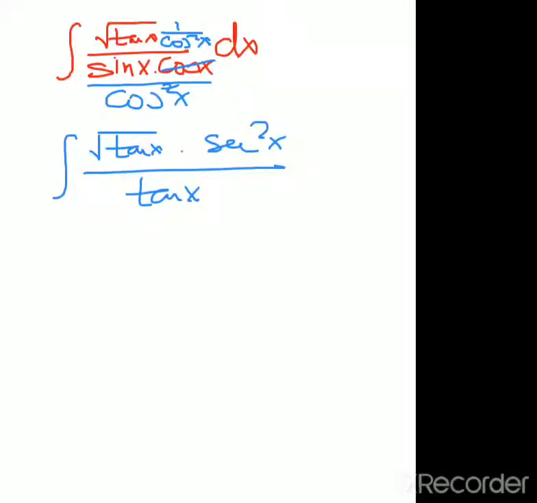tan x dx. Now we have been given the condition in the form of root tan x upon tan x into sec square x.